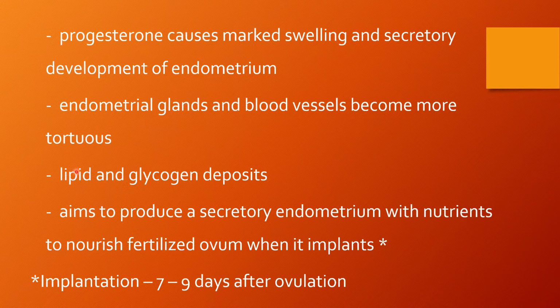The purpose of this is to produce a secretory endometrium with nutrients to nourish, so it will welcome implantation and the caring of the fertilized ovum when it implants. Implantation happens around 7 to 9 days after ovulation.